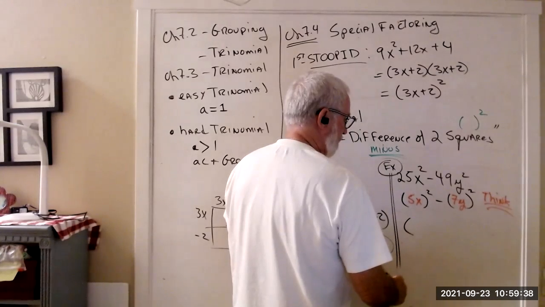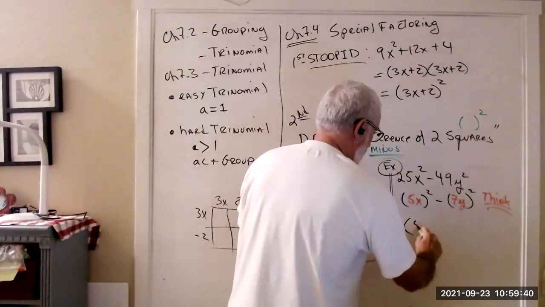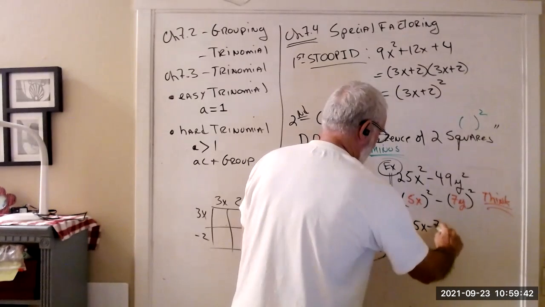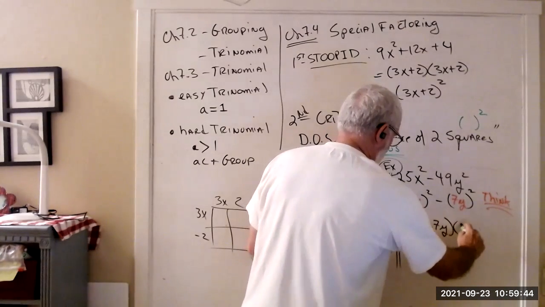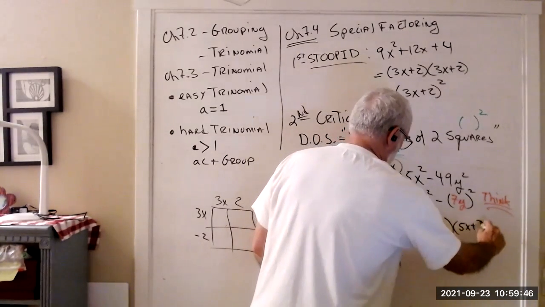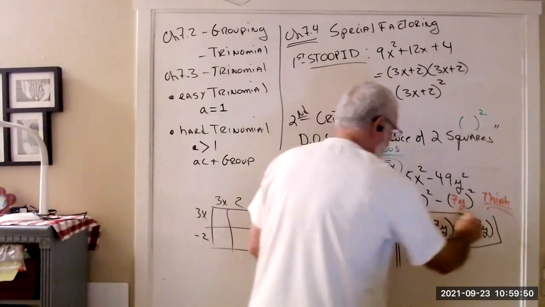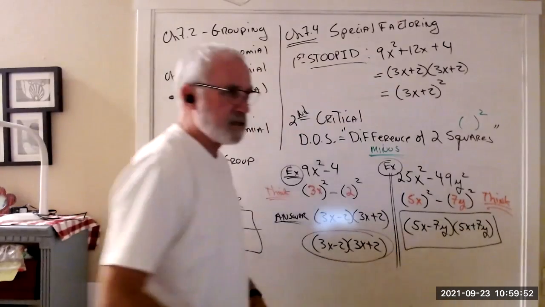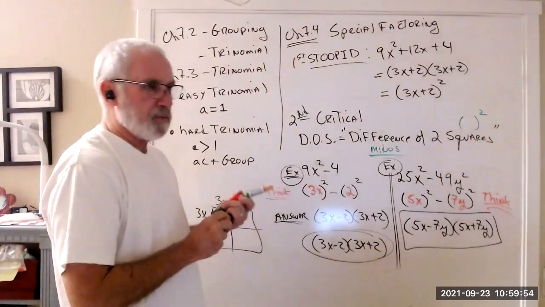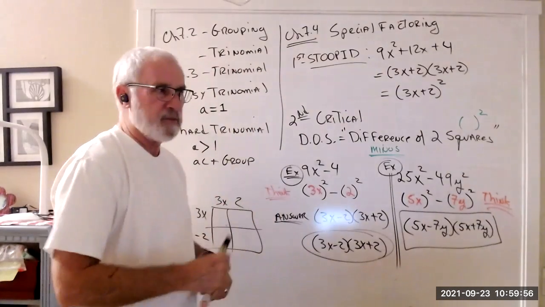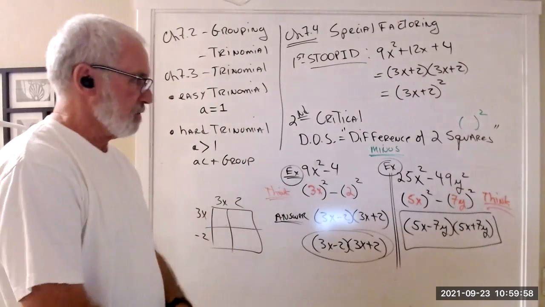It'll be 5x minus 7y and then 5x plus 7y. Bingo. Perfect. And again, it doesn't matter who comes first, the plus or the minus, but that's the answer.